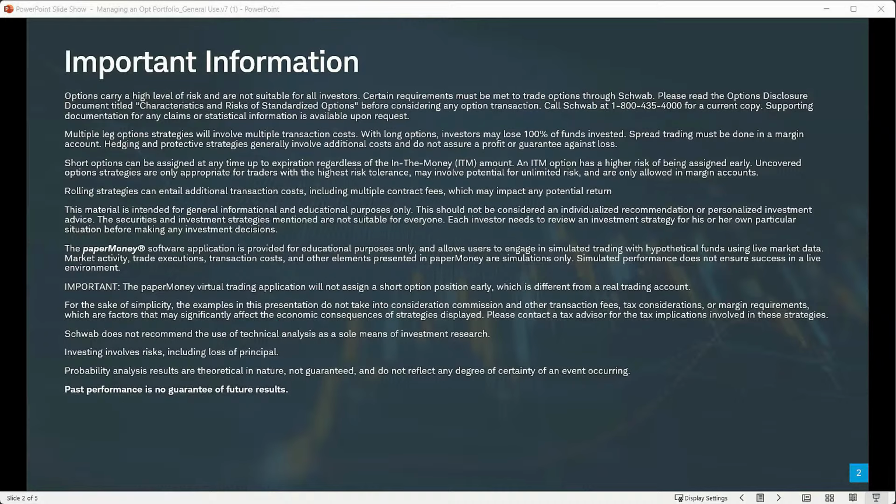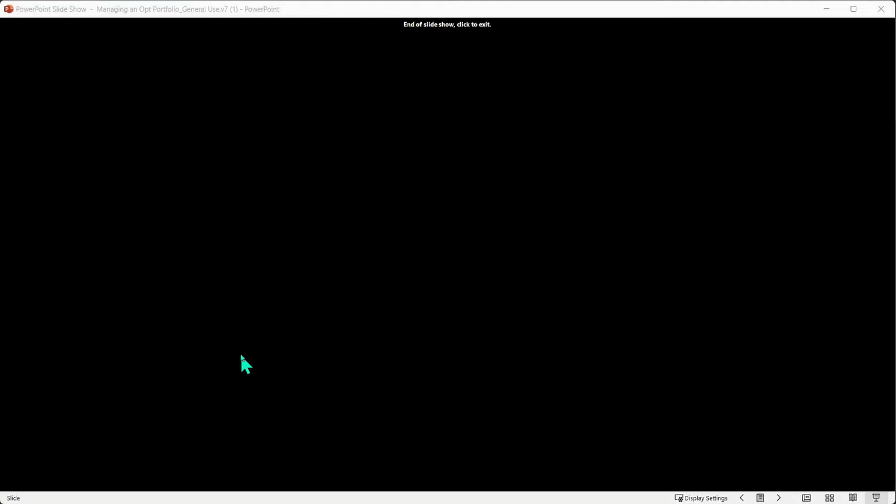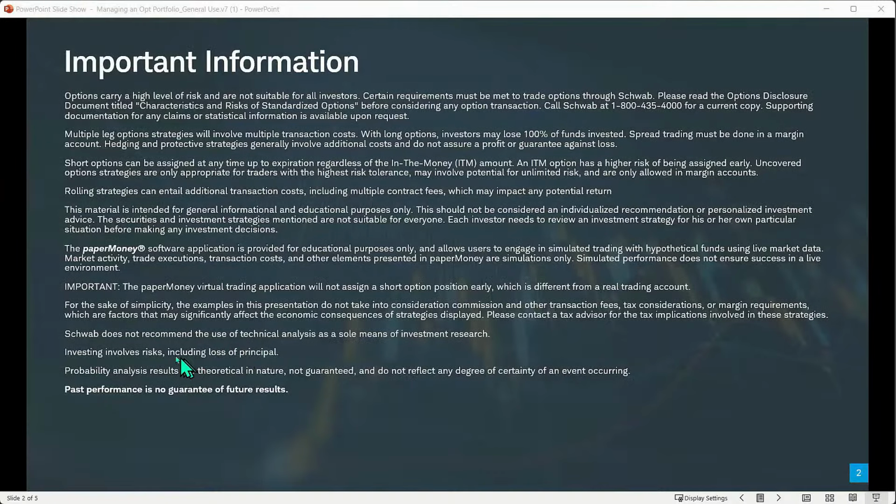Short options can be assigned at any time up to expiration, regardless of the in-the-money amount. And paper money application is provided for educational purposes only. All investing involves risks, including loss of principal. Schwab does not recommend the use of technical analysis as the sole means of investment research, and past performance is no guarantee of future results. I think that's it for our disclosures.